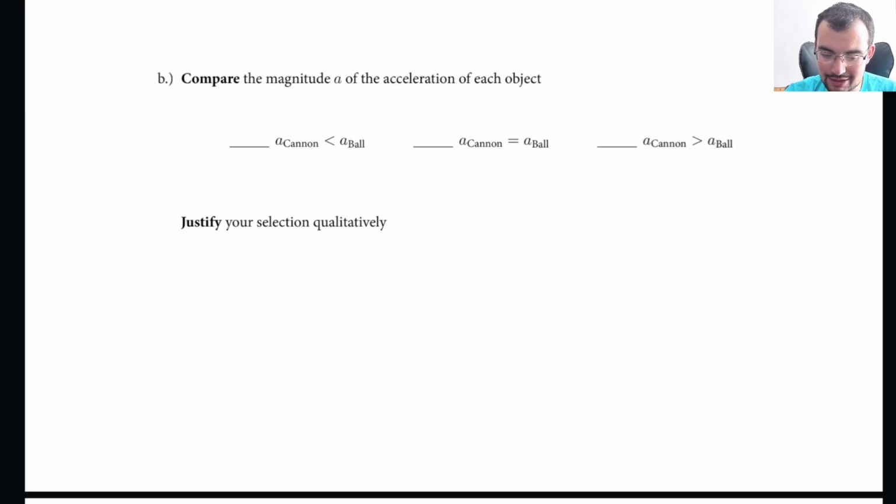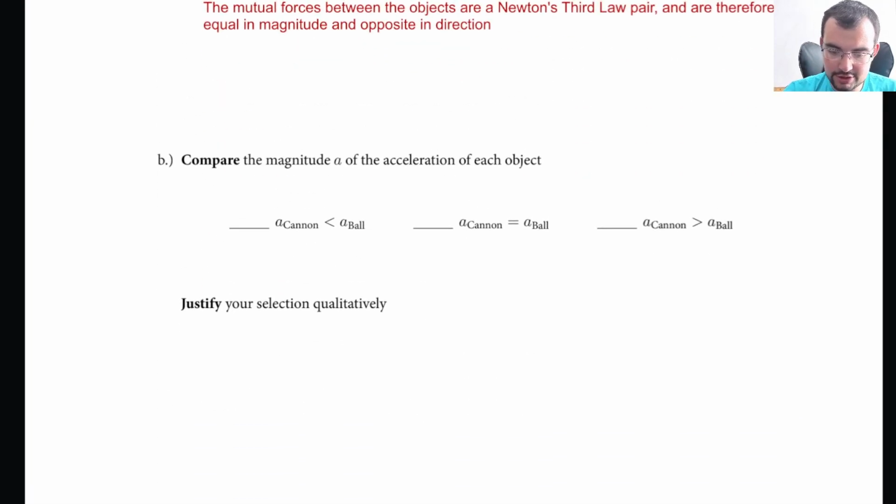What about the acceleration? Well, we just said that the force was the same. Acceleration is defined in terms of forces as the net force exerted divided by the mass. And we just said this net force is the same because it is a Newton's third law pair that is generating that net force on each object.